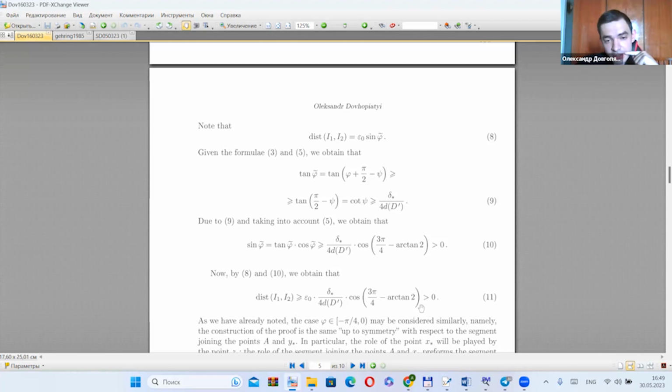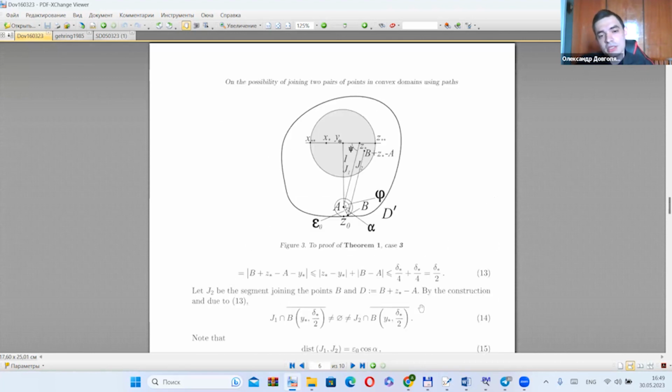And the last case, when we have a very large angle. So we have such an angle that's more than 3 pi divided by 4. Let's look at figure number 3. We will do something very similar to what we did in the previous case. We will draw an orthogonal to A y star.